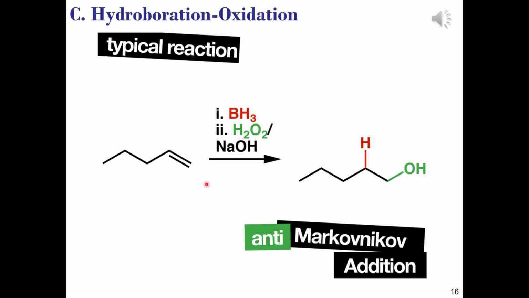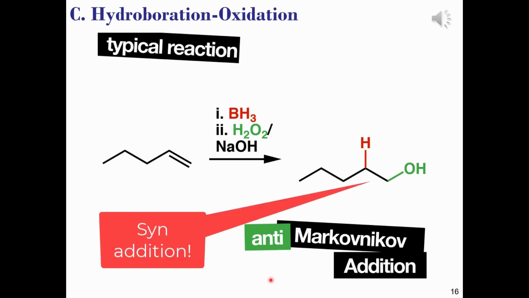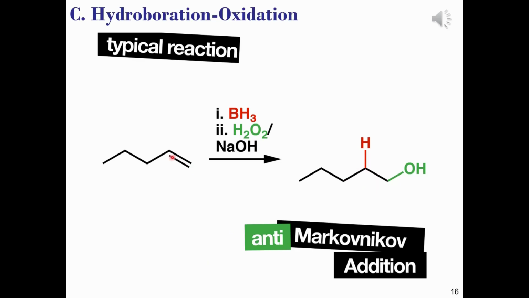This particular reaction goes with anti-Markovnikov regiochemistry and is the organic chemist's preferred choice so as to avoid any carbocation rearrangement. The reaction is stereospecific, as there is a syn addition, and this means that the hydroboration process takes place on the same face of the double bond, leading to a cis stereochemistry.